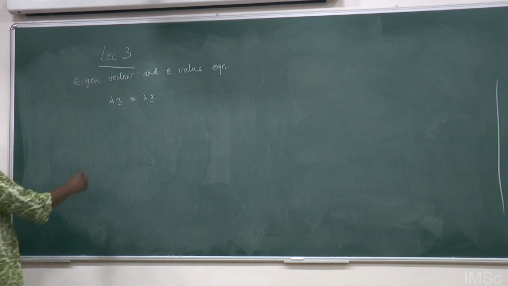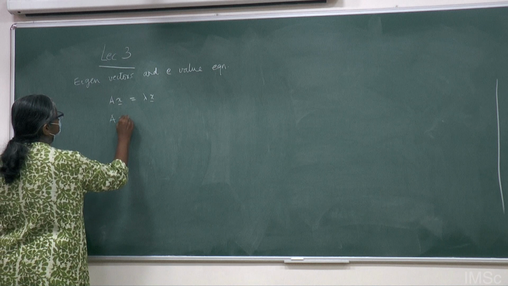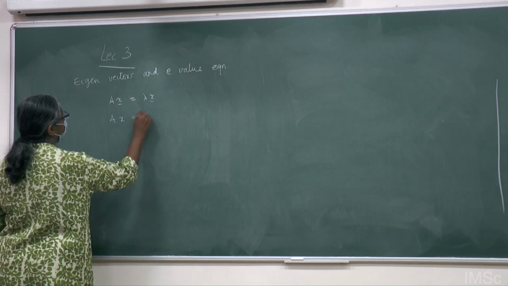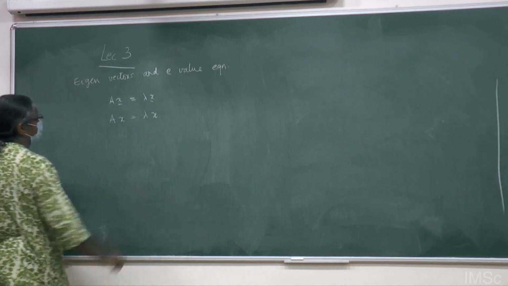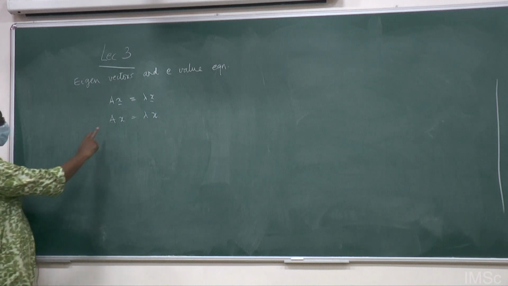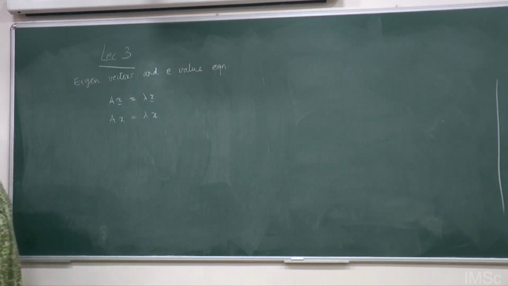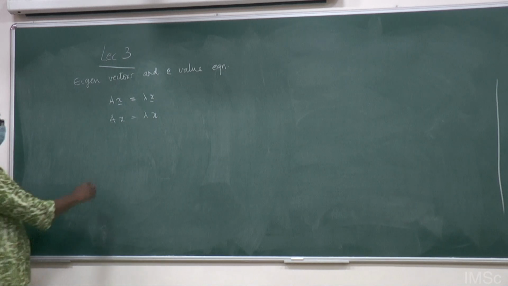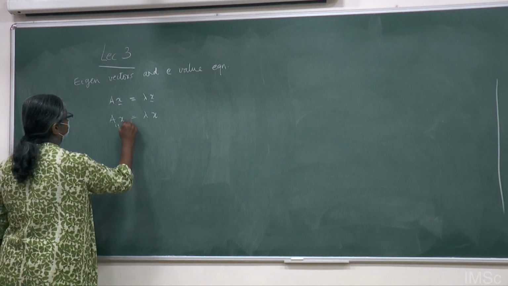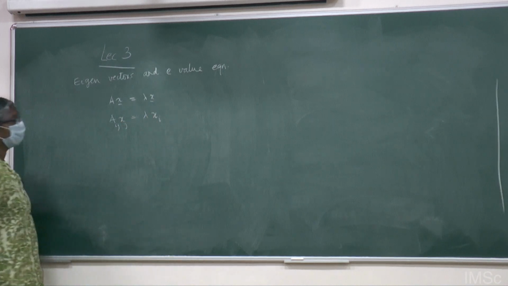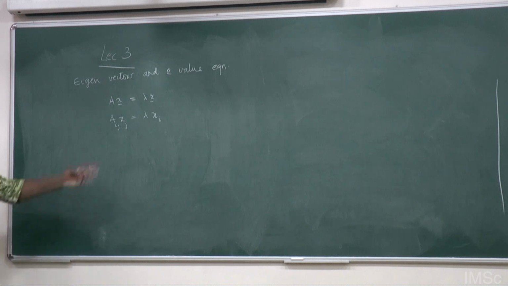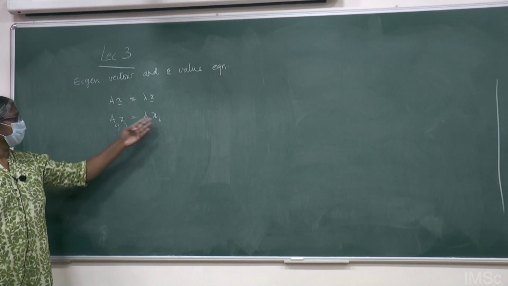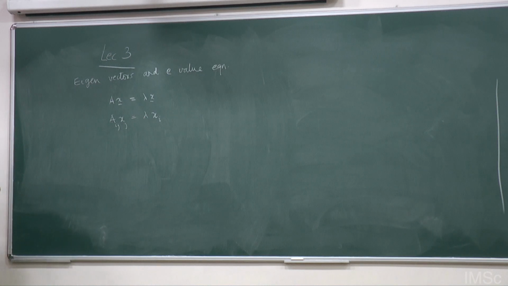If I want to write this as a matrix equation, then this is a matrix and this is a column vector. So I can write A_ij x_j as lambda x_i, right? So this has all the x_j's in it. So this is not the same x_i and x_j on the two sides, okay?